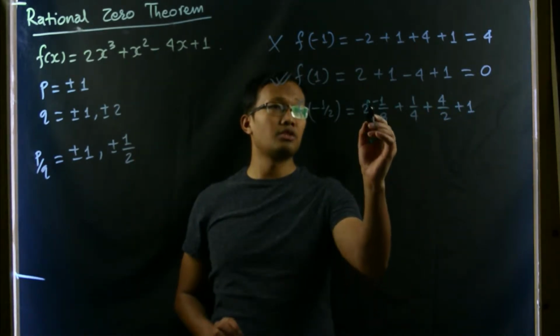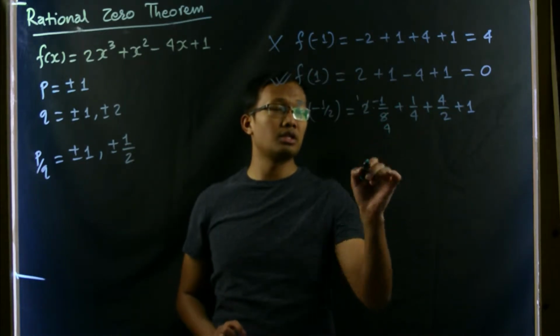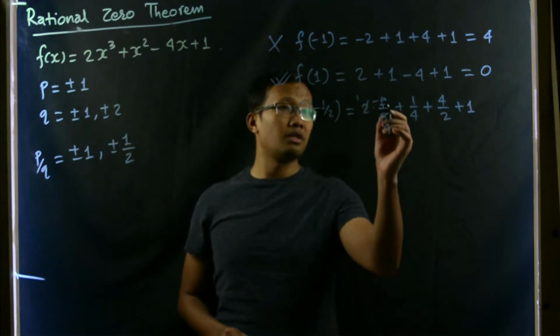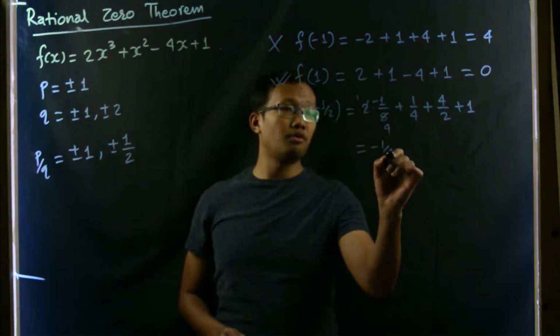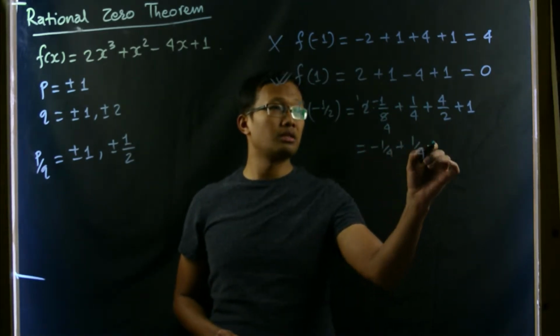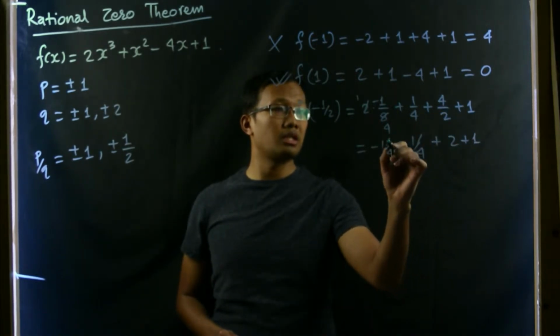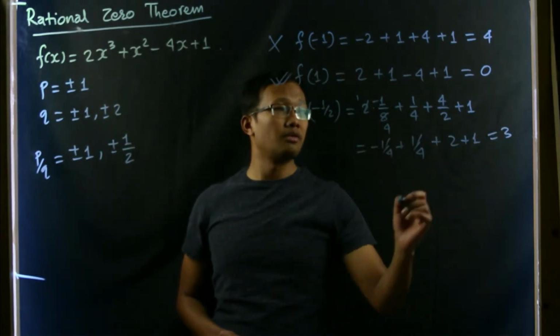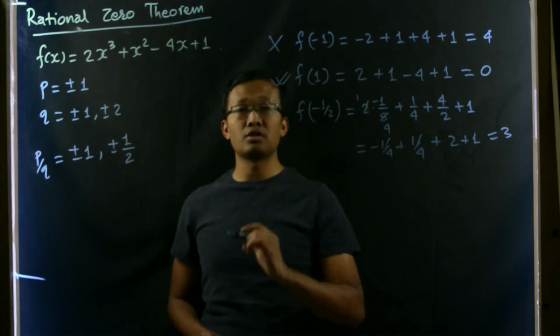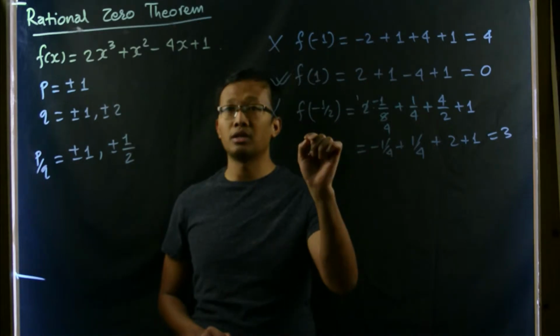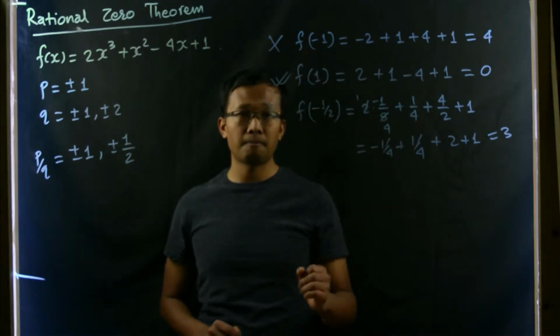Then you can see that 2 times 4 divided by 2 is 2. So that is negative 1 by 4 plus 1 by 4 plus 2 plus 1. This cancels out, so this would be 3, which is also non-zero. So this is also not a zero, which means x equals negative 1/2 is not a zero of this polynomial.